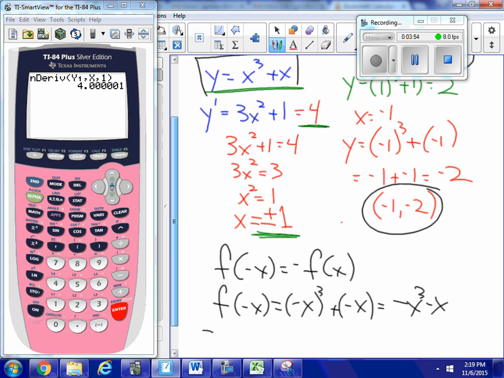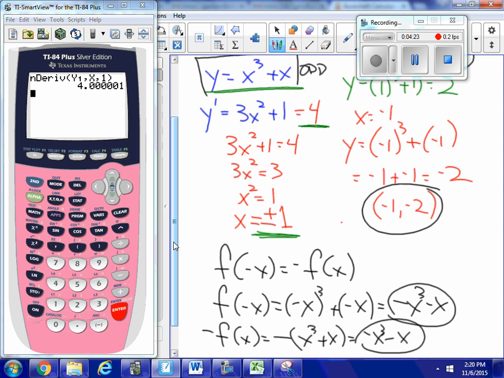And negative f of x would be equal to negative x cubed minus x as well. I did that out of sick pleasure, but I did it anyway.